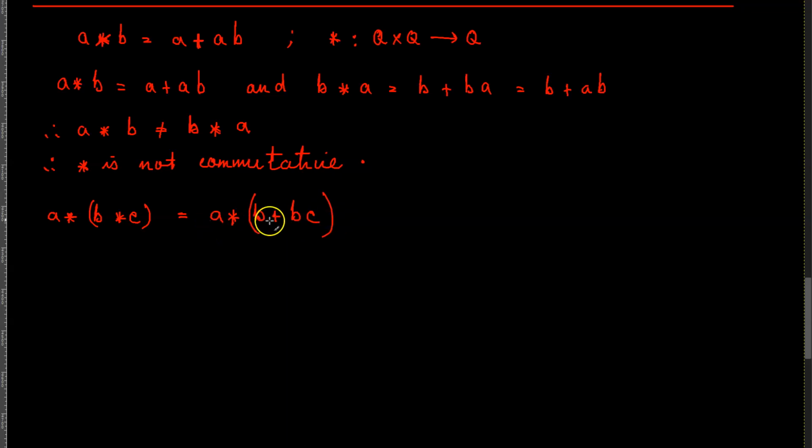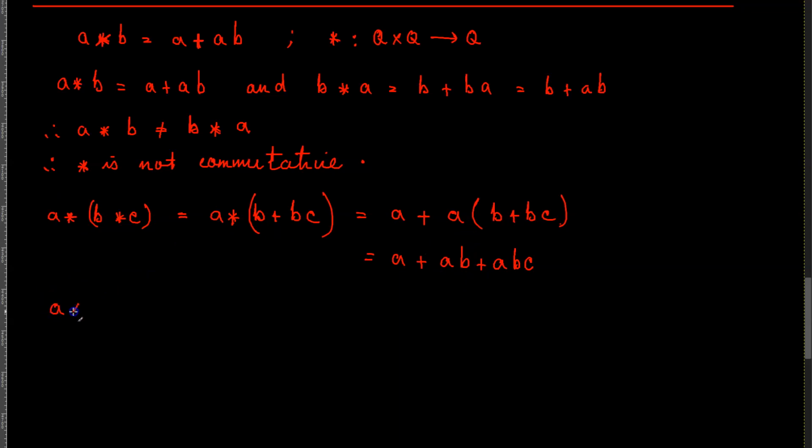And a star b plus b times c would be equal to the first number, which is a, plus the first number times the second number, which is a times this whole expression, b plus b times c, which is equal to a plus ab plus abc. Right, so that is a star b star c.